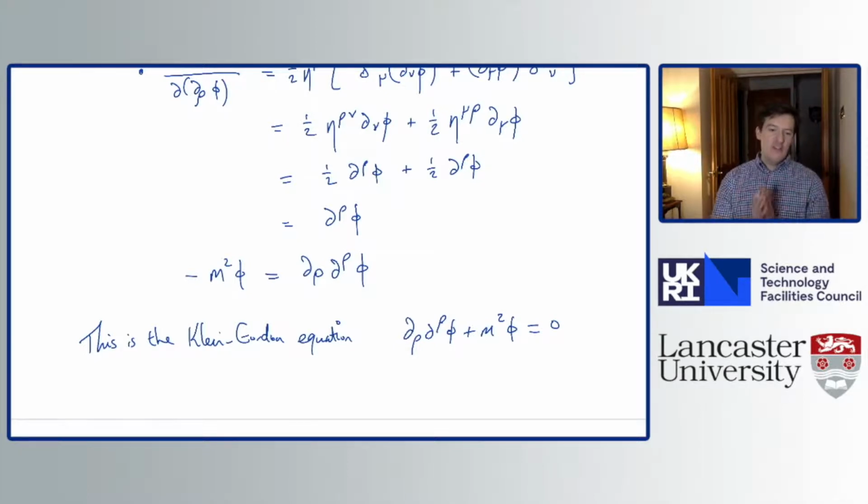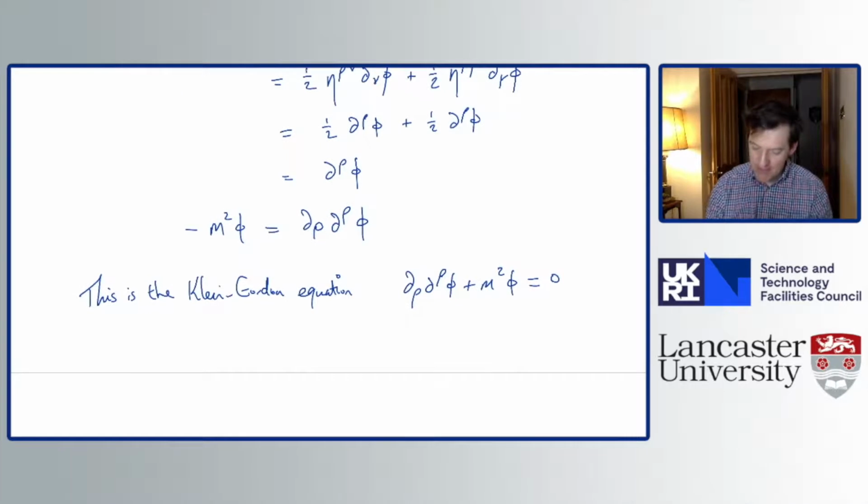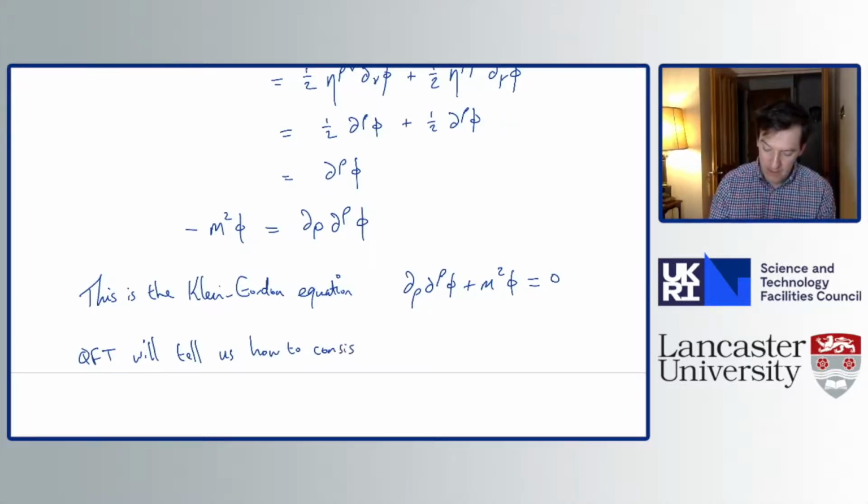But quantum field theory is going to show us how to actually quantize this theory correctly. Okay, so let's see. We're going to see the correct procedure for quantizing this theory, and how we can do this consistently. So this is not already a quantum theory in the way that the Schrödinger equation is.